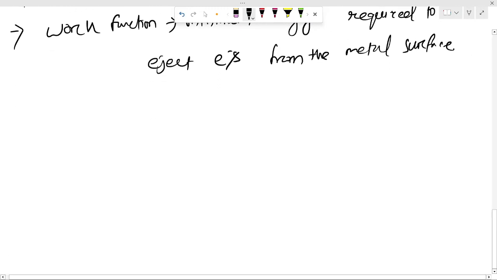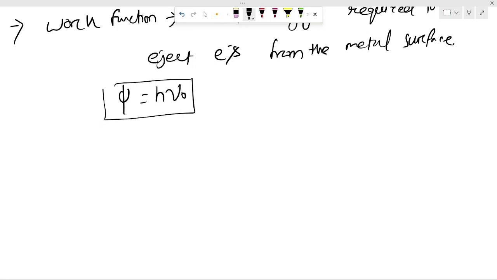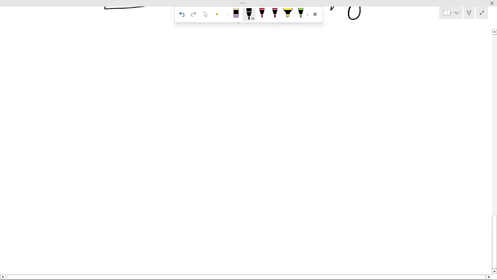This is your work function, and it is generally expressed by phi is equal to h nu naught, where nu naught is the threshold frequency. Work function is also known as ionization energy.